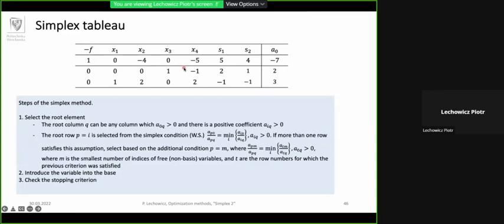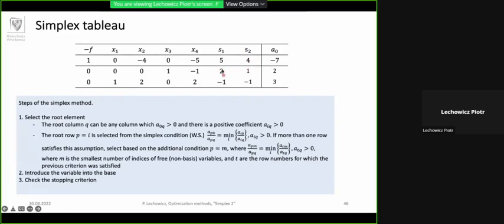So the steps of the simplex method are as follows. We can select any column which has a positive reduced cost, for which we have a positive coefficient. So in this case, we can only select variable S1 and S2, because here we have a positive reduced cost and we have a positive coefficient.